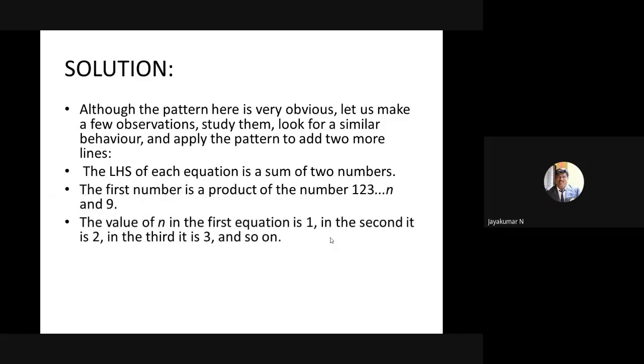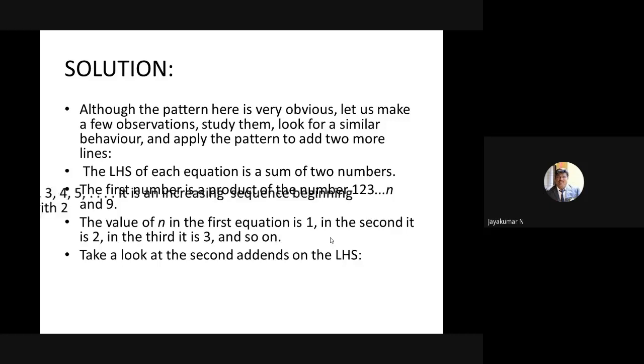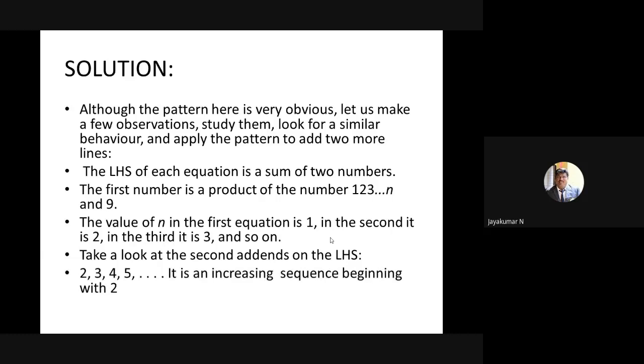The value of n in the first equation is 1, in the second equation 2, in the third equation 3, and so on. Take a look at the second add-on on the LHS, that is the second number. When you see the second add-on in the LHS, it's the sequence 2, 3, 4, 5. It is an increasing sequence beginning with 2.